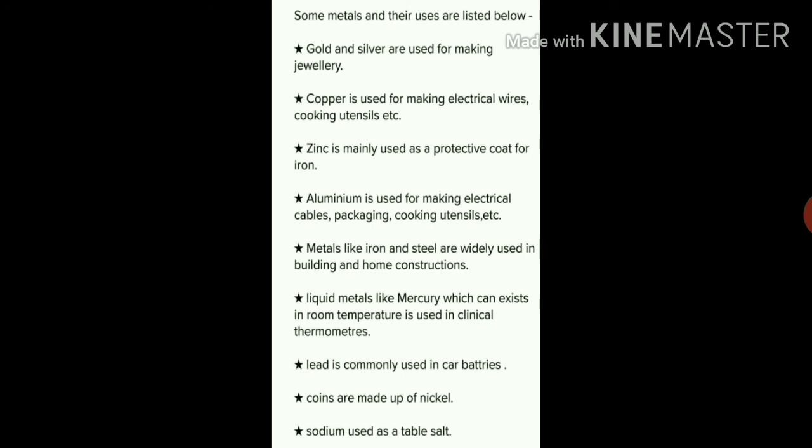Liquid metals like mercury, which can exist at room temperature, are used in clinical thermometers. Lead is commonly used in car batteries. Coins are made up of nickel. Sodium is used as table salt.